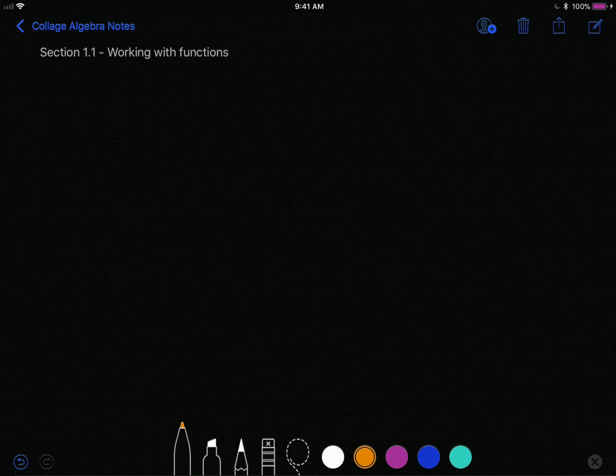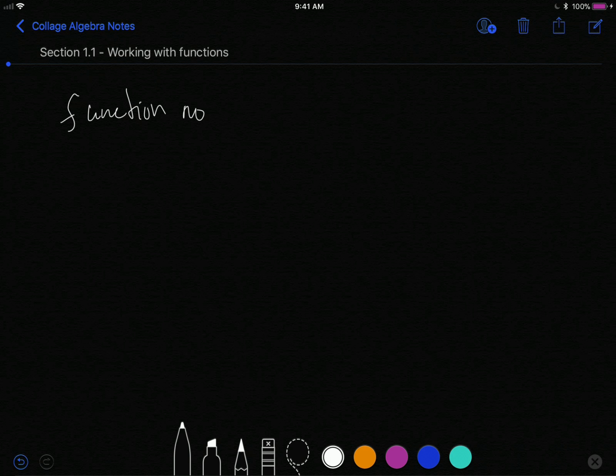Okay, we're continuing in section 1.1, and right now we'll be looking at functions. The first thing we'll take a look at is function notation. Function notation starts with the key letter, which is the name of the function.